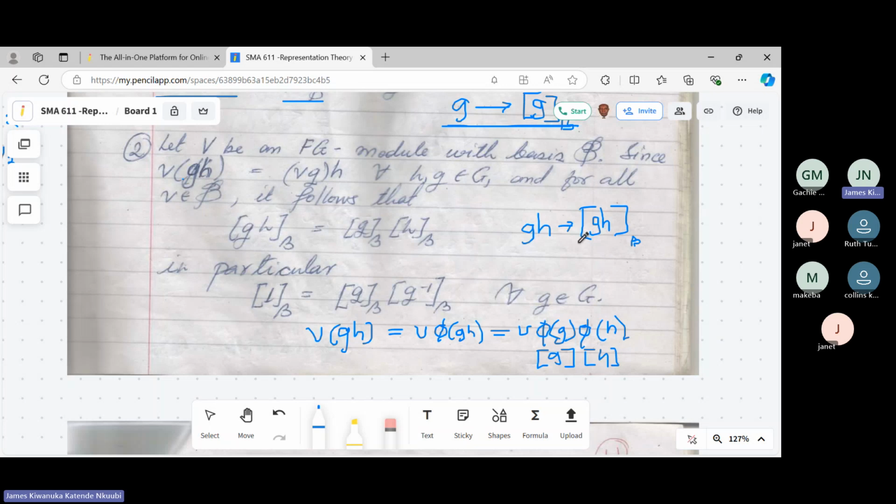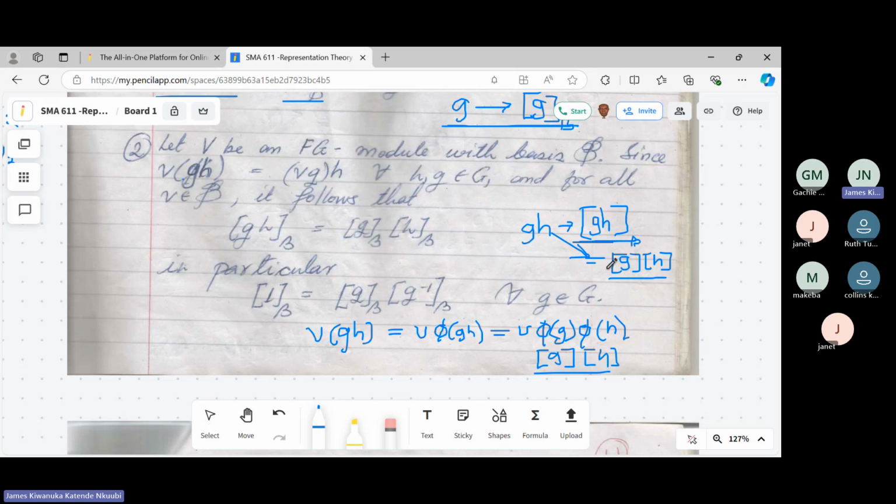So what that means is that this matrix is equal to the product of the matrix of G and the matrix that is determined by H. Because of this, you can come to this conclusion. So that makes this one a homomorphism.